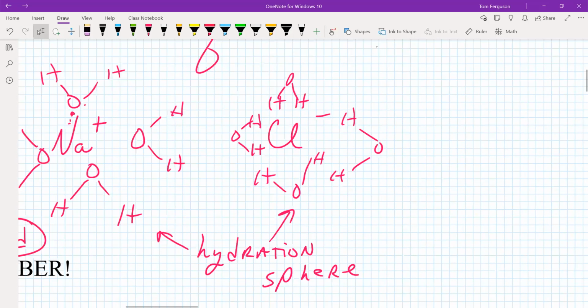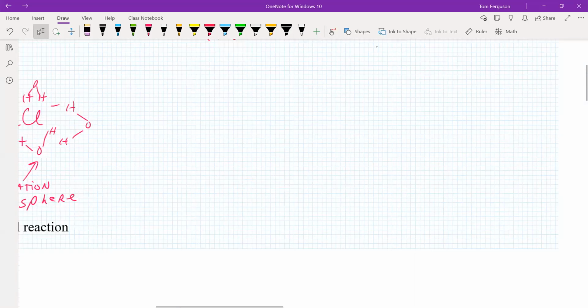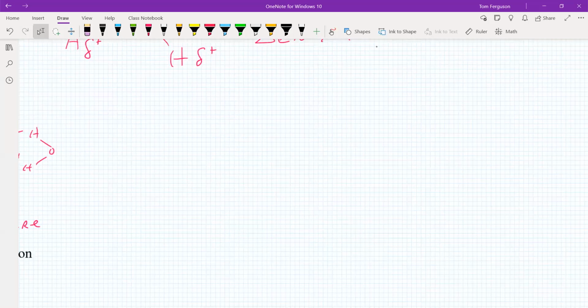Now, question is, why do some things form a solid and other things don't? There are two forces here. First force is the solvating force.